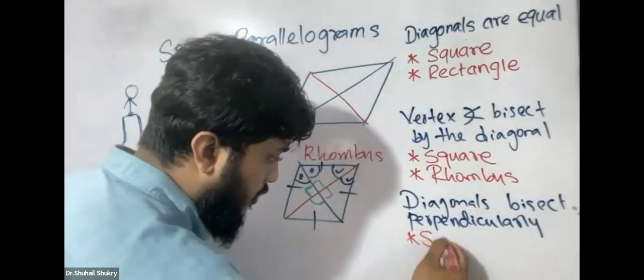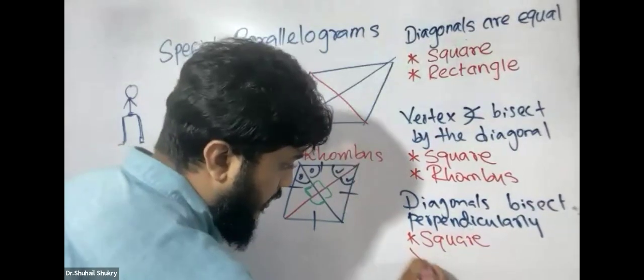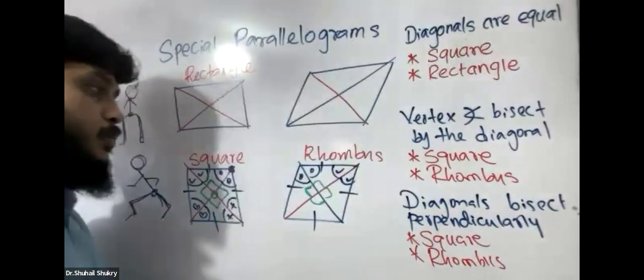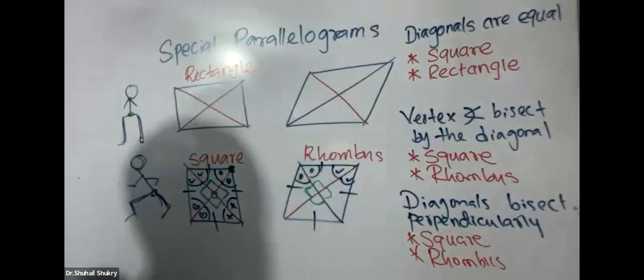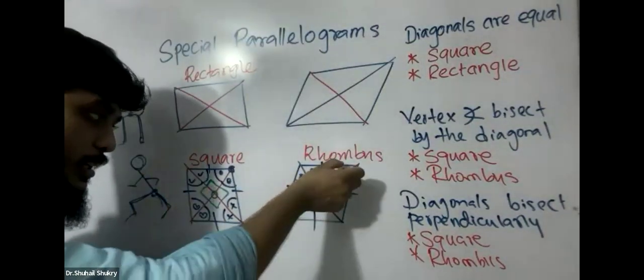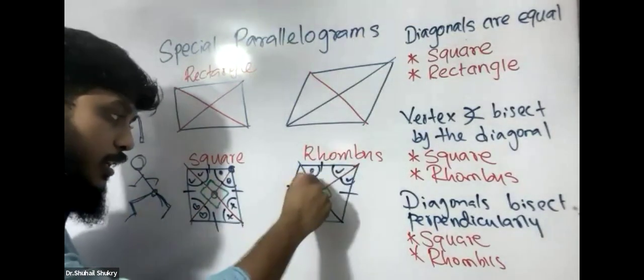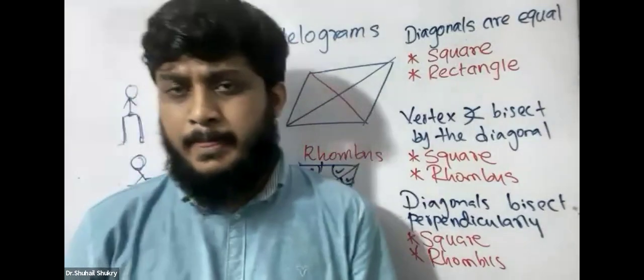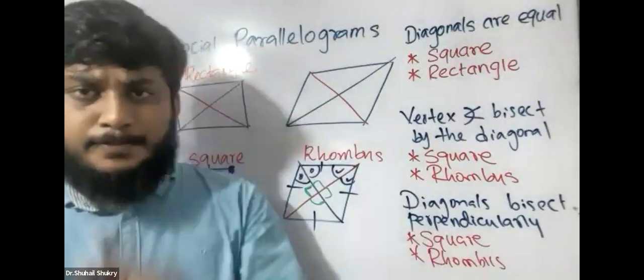Same thing, square and rhombus. I'm just giving a mnemonic: square and rhombus are good parents. All four sides are equal, therefore they divide the angles equally, and therefore they get a gift. Their diagonals bisect perpendicularly.